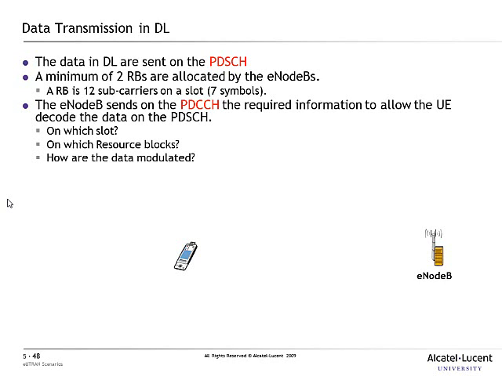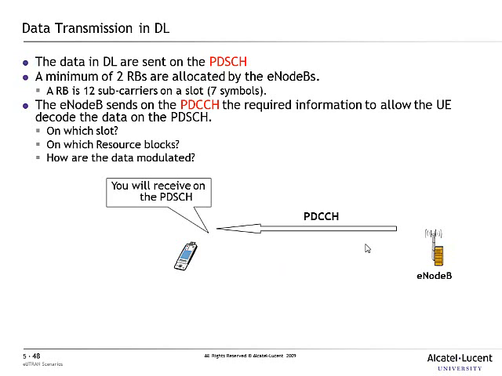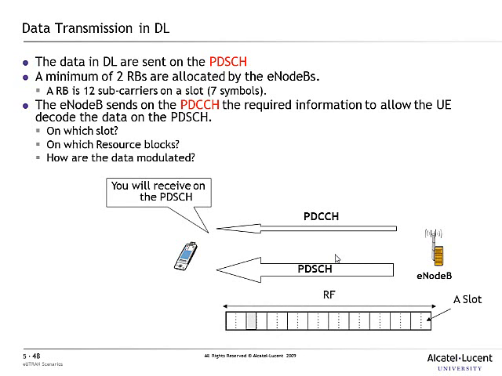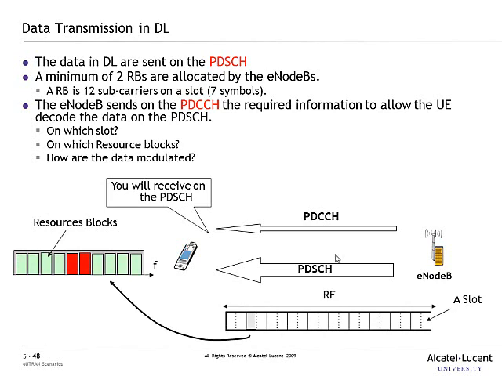Because you need all these three pieces of information to be able to find your data which is transmitted on the downlink. So once you look at the PDCCH, you will know which resource blocks contain your data. Then you can go and get your data from there, and you know which modulation scheme is being used, so you can demodulate and do all of the necessary processes to extract your original data.